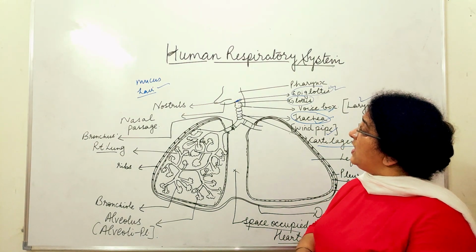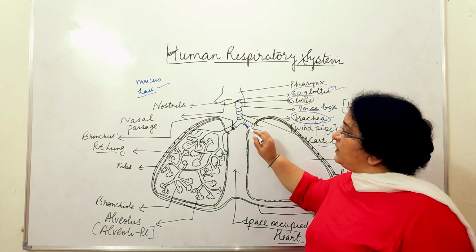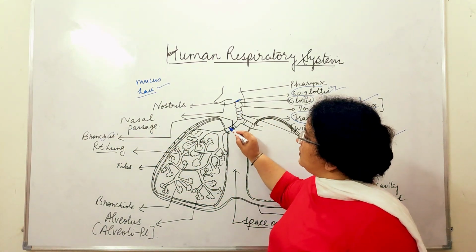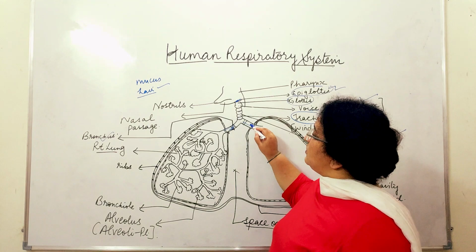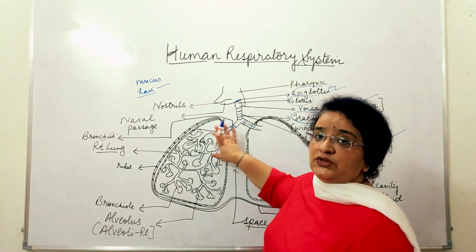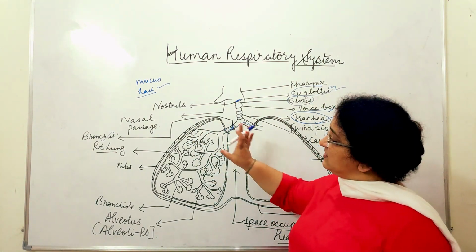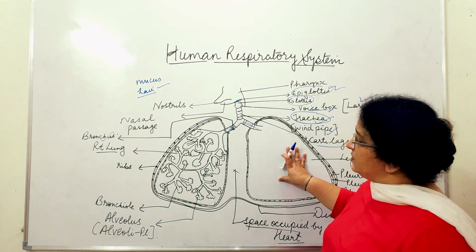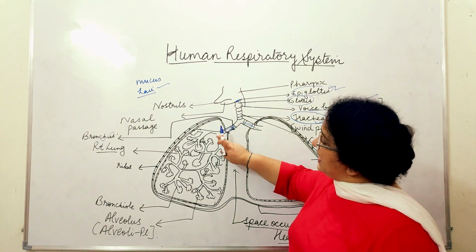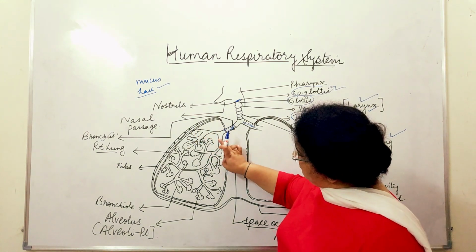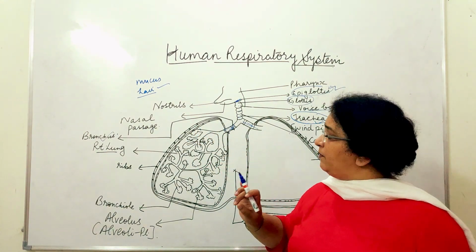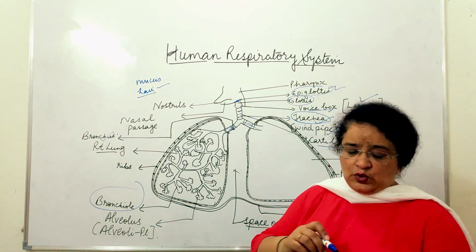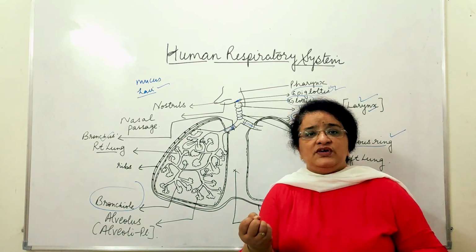Now this trachea divides into two branches, and each is known as a bronchus. This is also a bronchus, and this is also a bronchus, which enters the corresponding lung. This is the right lung, and this is the left lung, right? When the bronchus enters, it divides and redivides into many small branches called bronchioles, just like a bunch of grapes.